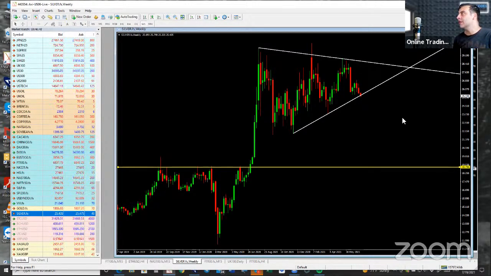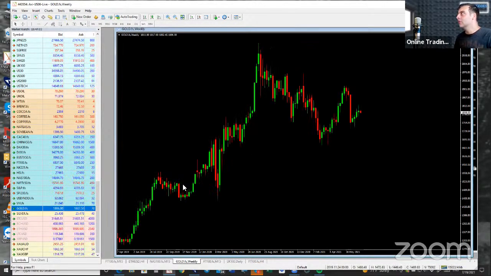So we're going from 2540 down to 1880. That's like a 30% drop to the downside that we're looking at with silver. If gold was to drop 30% as well, then we are potentially looking at 11.